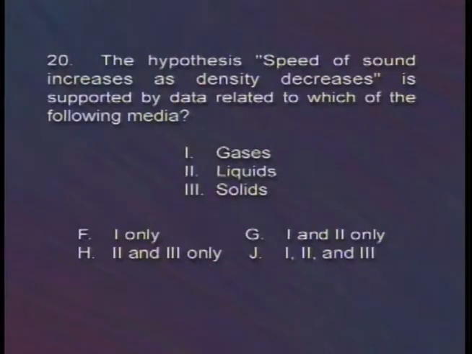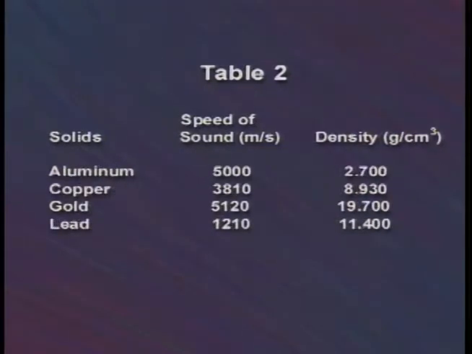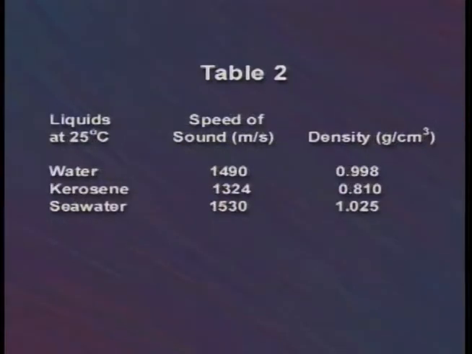We've already seen from question 17 that there is an inverse relationship between speed of sound and density for gases, so Roman numeral 1 works. From question 18, we found that there is no linear relationship between speed of sound and density for solids, so Roman numeral 3 doesn't work. This information eliminates options H and J. Does this hypothesis fit the data for liquids?